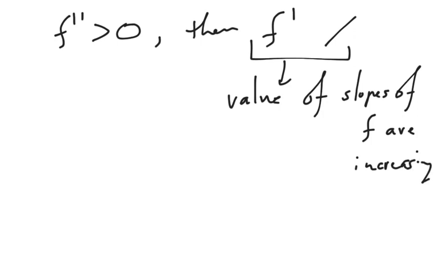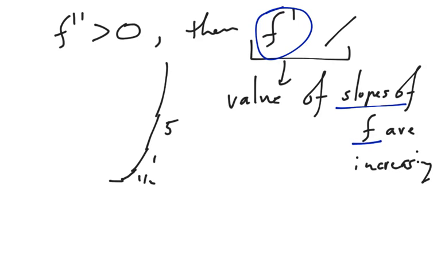Because remember, the slope of f is f prime. And so if f prime is increasing, then the slopes of f are increasing. So let's say we have a function, and let's say we have a 0 slope. For the slopes to be increasing, the slopes have to be getting bigger. So now we have a slope of maybe a half, and then maybe 1, and then maybe 5, and then maybe 10.